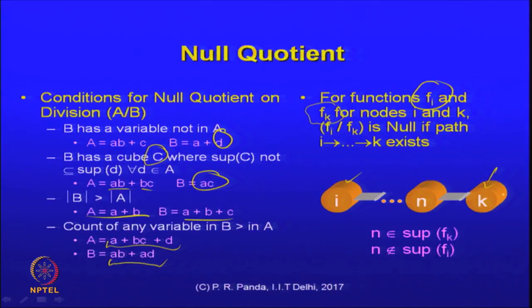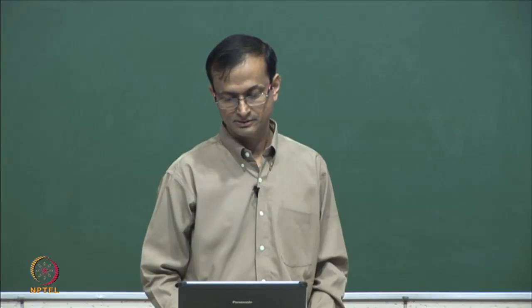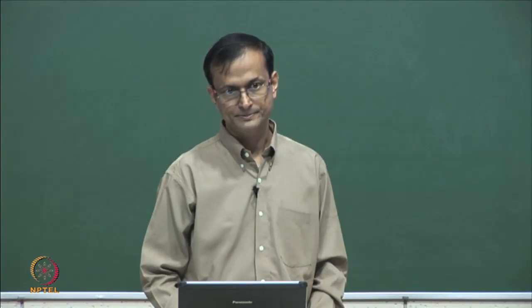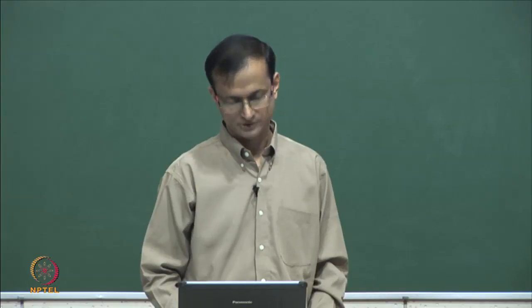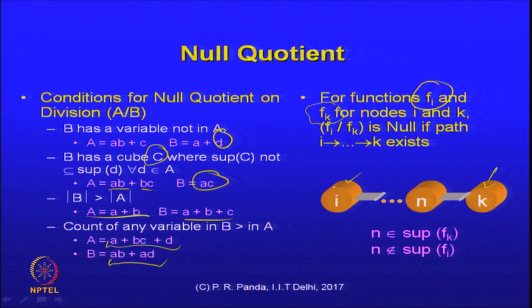Let us say I try to divide K by I, looking at the first and the last one, or I try to divide I by K. I by K will be null. Why? Because K will have it. Yes, right. If there is a path from I to K, then the function corresponding to Fi divided by the function corresponding to K would be null. You can easily see that.